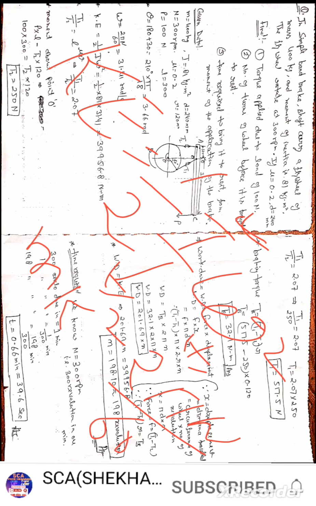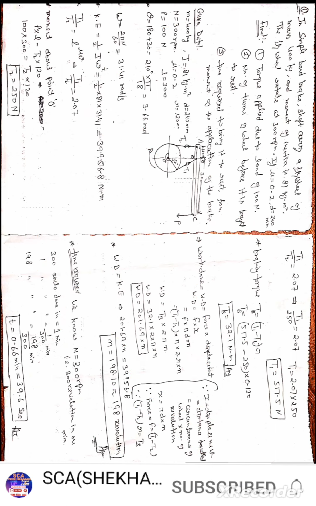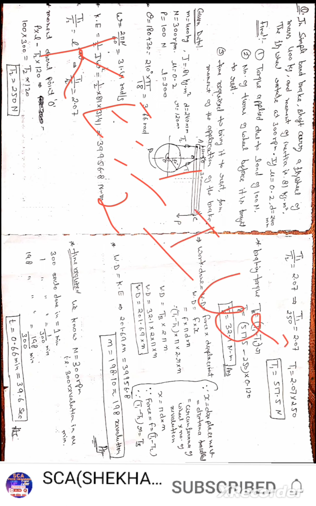Sometimes radius of gyration is noted as k or r. So in the angular motion case, the kinetic energy is half I omega square, where I is equal to m k square, k is the radius of gyration and omega is 2 pi N over 60.